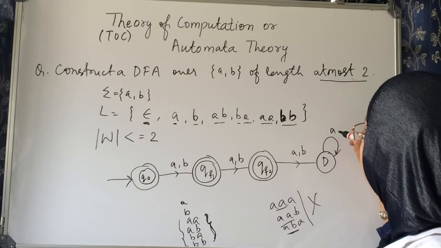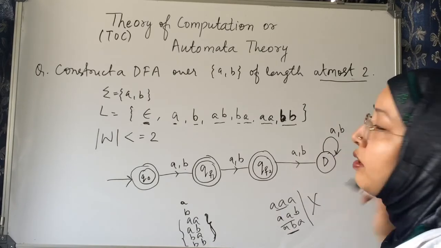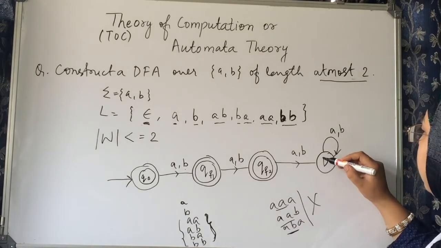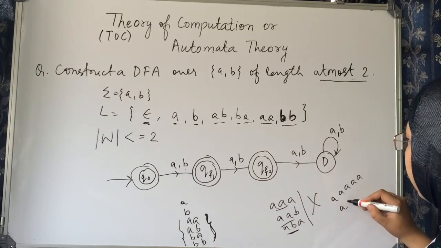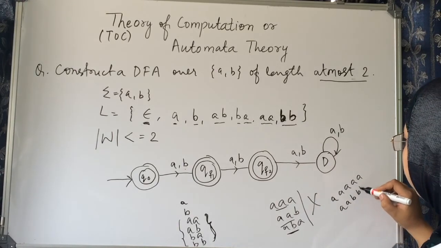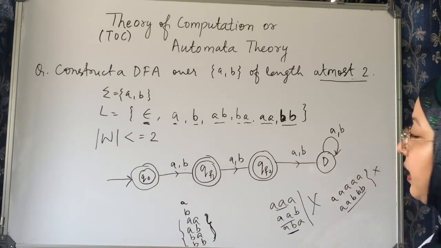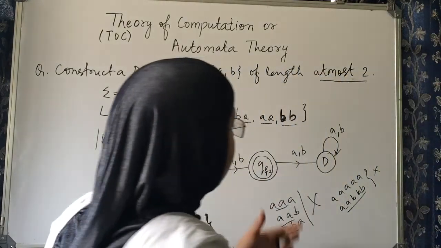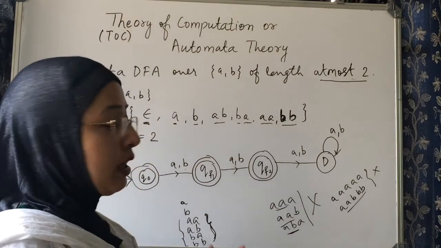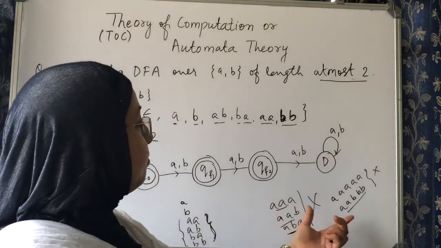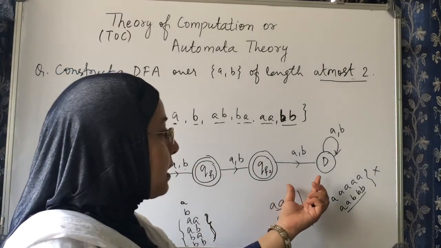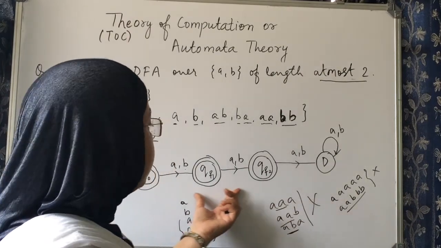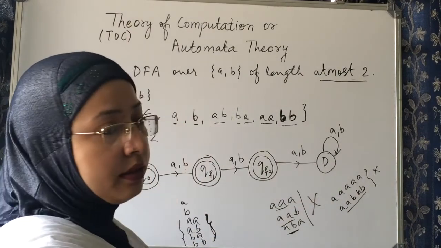So I have to make a transition here at the dead state, that if it sees more symbols, A, B, it all has to be rejected. All will go to dead state. Okay, so these are dead states. These strings will not be accepted by this automata. So this is the DFA for this question.